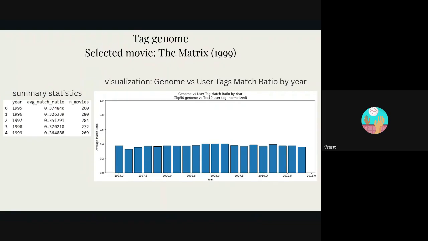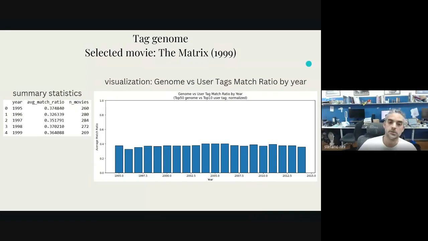I think the number is not that high because, for example, for a sci-fi genre, a user might have a hyphen in it or not, and both can be a tag. So it doesn't match in this case. Some of the text might not perfectly match the genre, but it is still the same type of movie, because there is no semantic understanding.